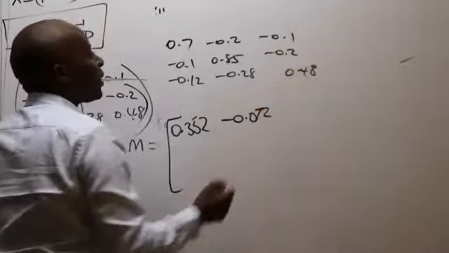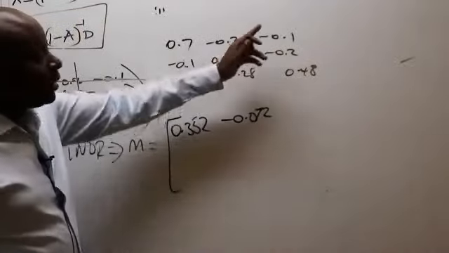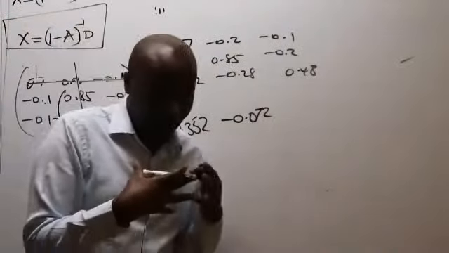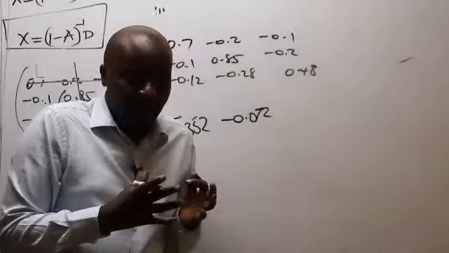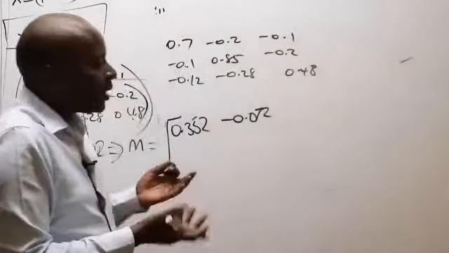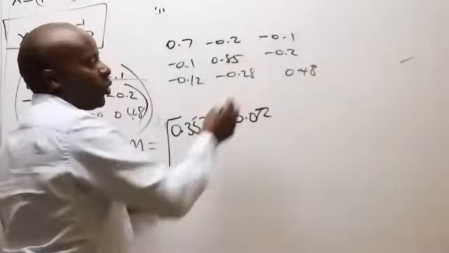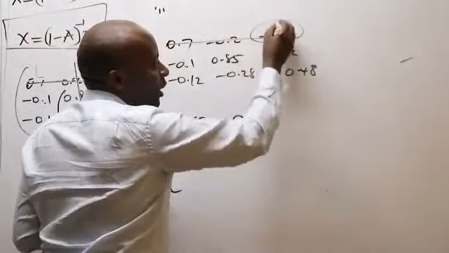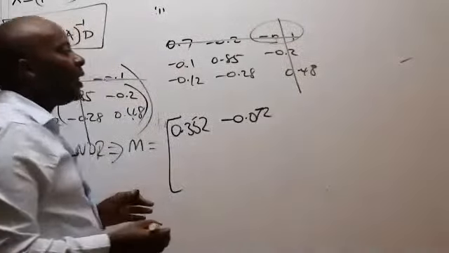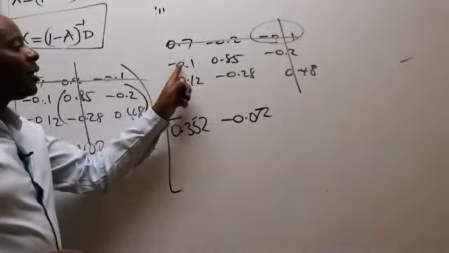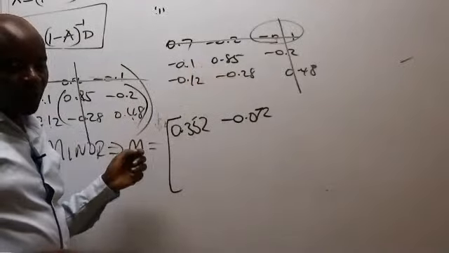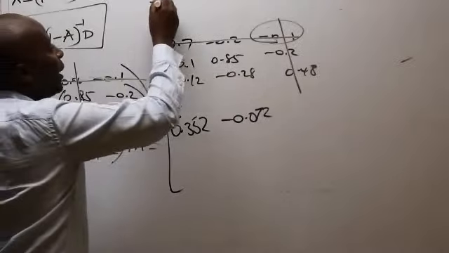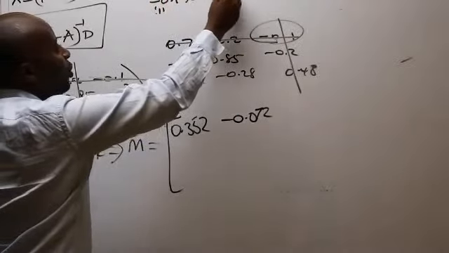So if they want us to give them the minor of this, like a kid, what I'll do is hide this kid. Kids are normally hidden. So you hide him row-wise and column-wise, and then you'll be able to see the submatrix. The submatrix left uncovered here is minus 0.1 times minus 0.28.